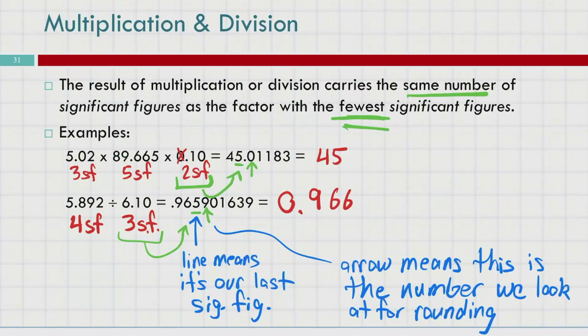Questions about either of those? When we're writing things out that have a decimal, things that are smaller than 1, please write the 0 in front. It's not critical that you write the 0 in front, but it is helpful for letting us know that there's a decimal there.